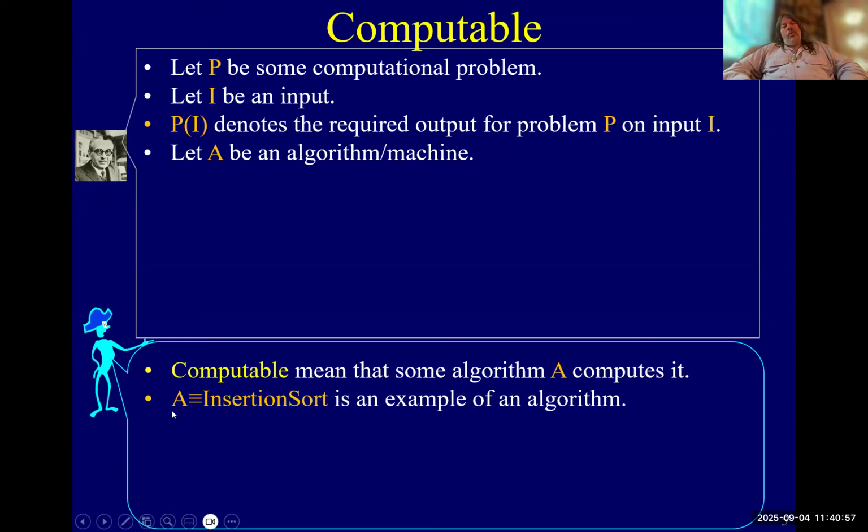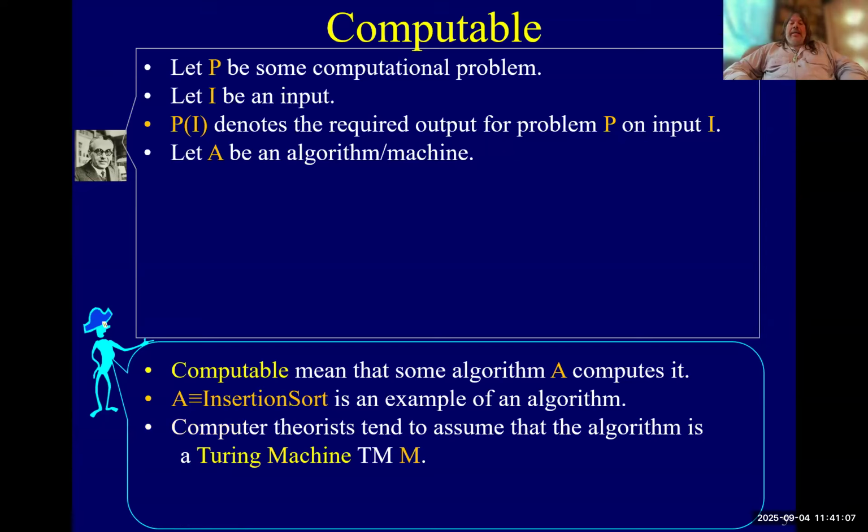So what might our algorithm be? It might be insertion sort or selection sort or merge sort. In this course, if you just say a machine, it tends to be assumed it's a Turing machine, but you can have it be a Java program or whatever kind of machine or algorithm you want.